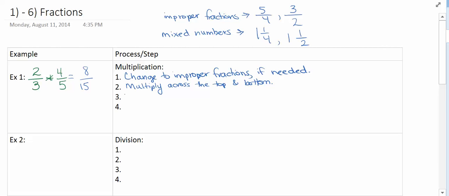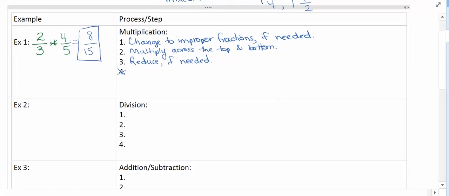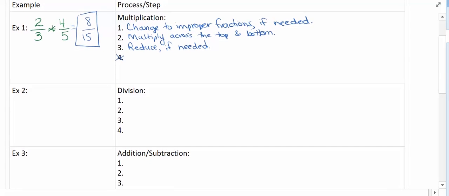And then in this case, we just want to make sure that we reduce if needed. So when you look at this example, you say, do any numbers go into 8 and 15? I don't see anything besides 1, so that would be our final answer.